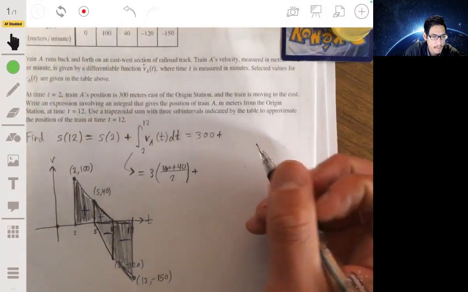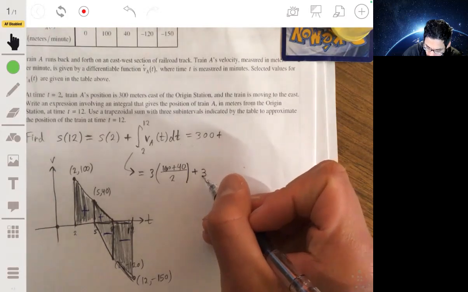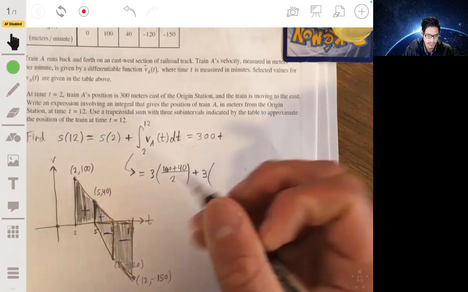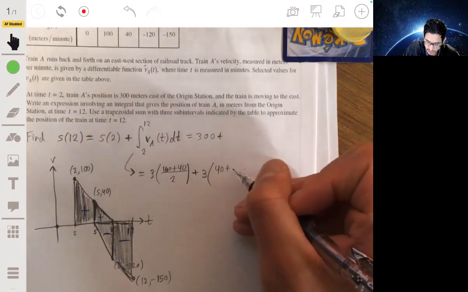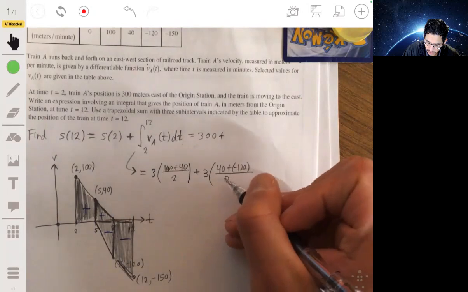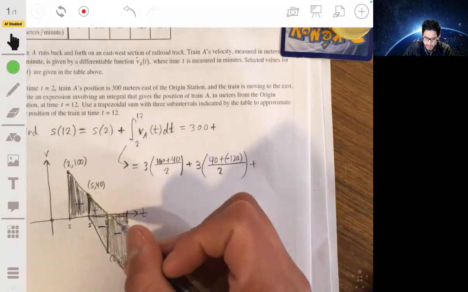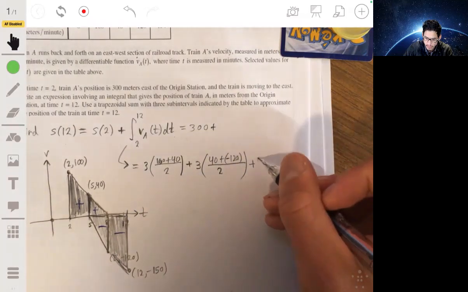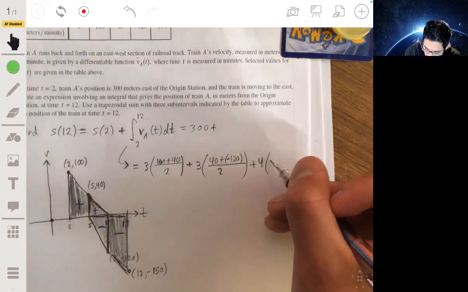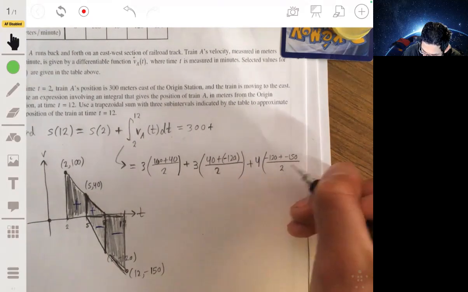Plus the next width, from 5 to 8, is 3, times the average of 40 and negative 120, so 40 plus negative 120, divided by 2. Plus from 8 to 12, the width is 4, times negative 120 plus negative 150, over 2.